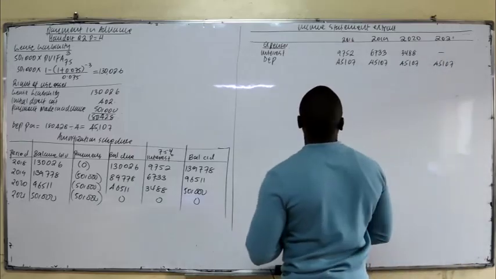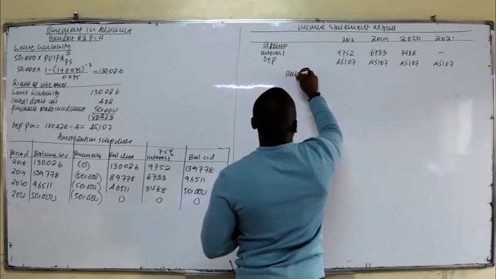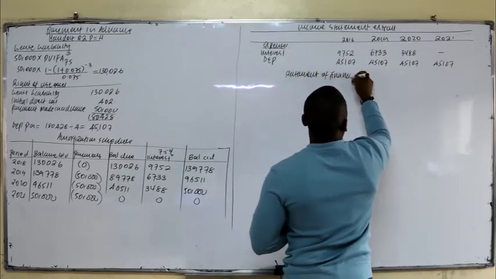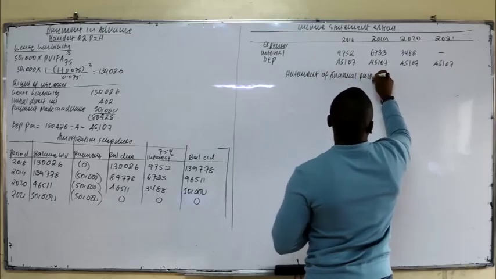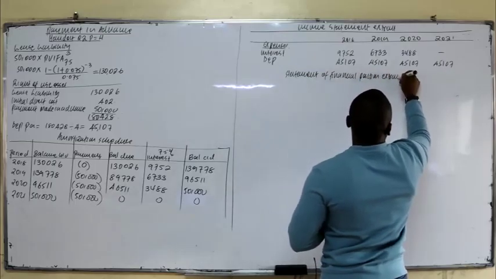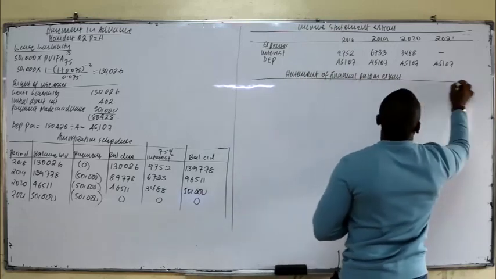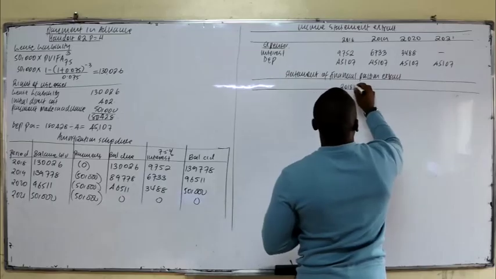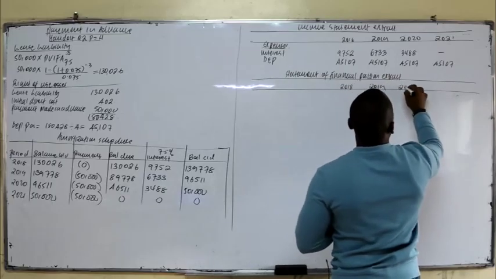Then the statement of financial position. So you have an asset here. You have the right of use asset.